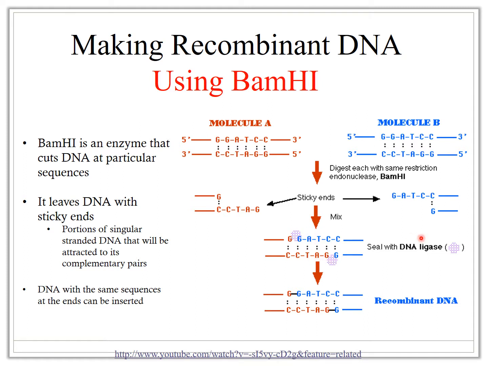And then the cell itself will come in with this DNA ligase and repair it and make sure that it's put together well. And so DNA with the same sequences at the same ends can be inserted into one another. So this is how we are able to cut DNA at particular sequences and put them together with other strands of DNA.